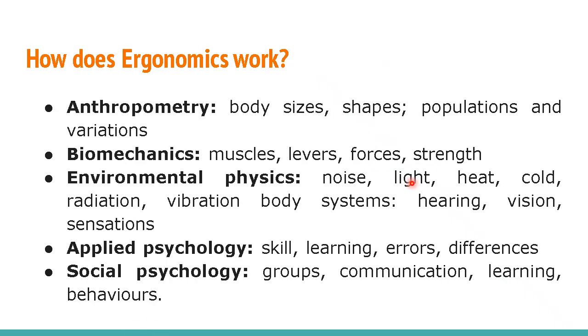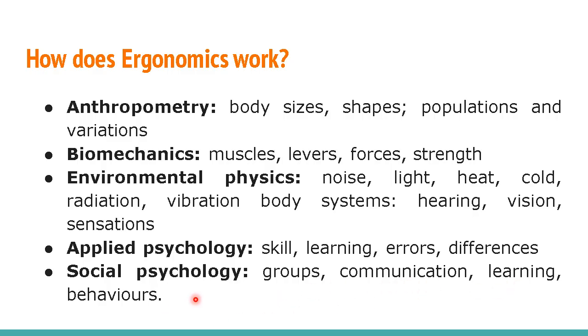So how does ergonomics work? Anthropometry: body size, shape, populations, and variations. Biomechanics: muscles, levers, forces, strength. Environmental physics: noise, light, heat, cold, radiation, vibration. Body systems: hearing, vision, sensations. Applied psychology: skill, learning, error, differences. Social psychology: groups, communication, learning, behavior.